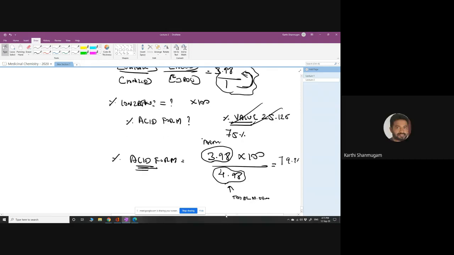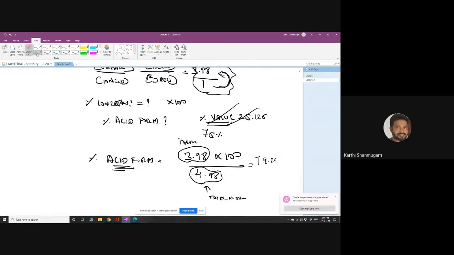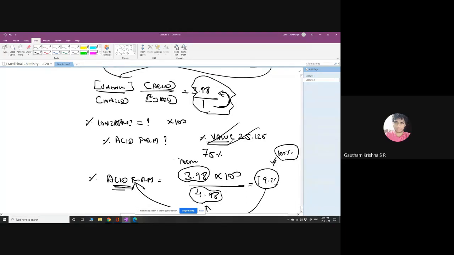So what is our understanding from this value? Among 100% of the molecules, 79.9% will be in acid form. Does it make sense? Which means 79.9% of the molecules will be in unionized form.